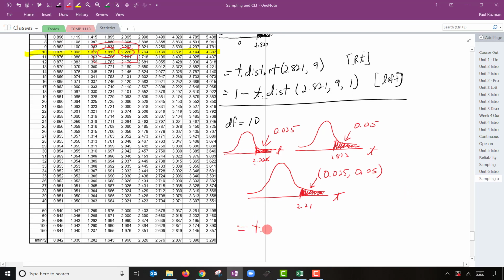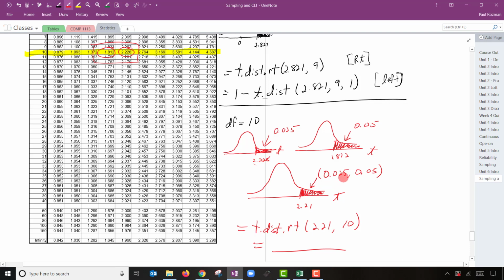Of course, Excel could get this. We just go t.dist.rt of 2.21 with 10 degrees of freedom, and it'll give us the answer more precisely. It'll be a lot closer to 0.025, right? 2.21 is pretty close to 2.228.